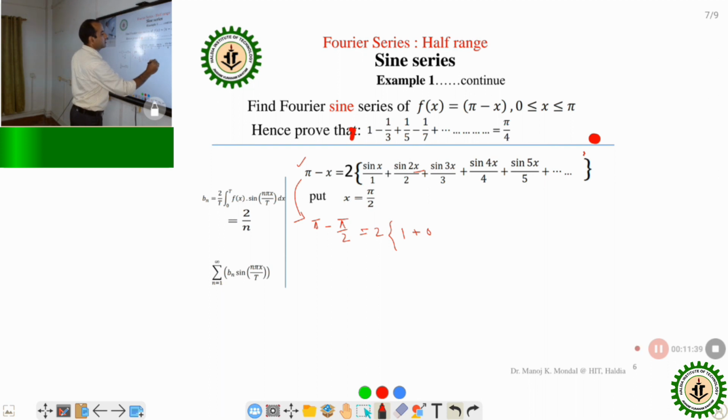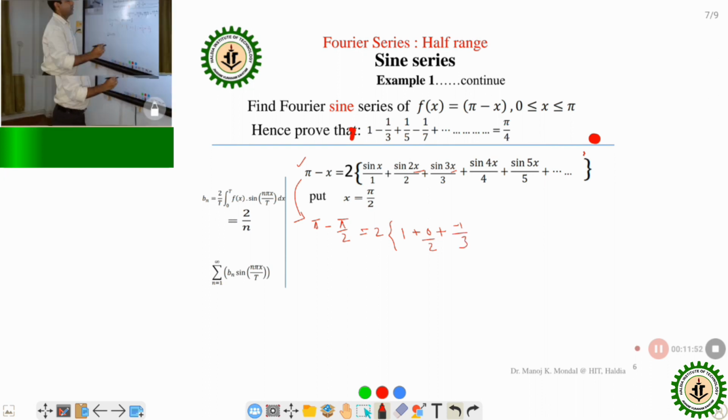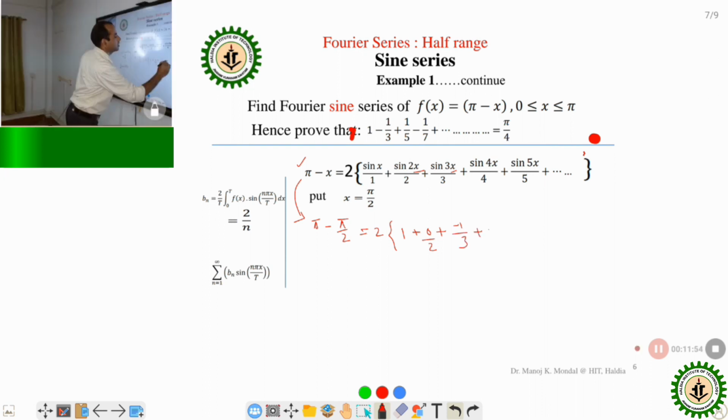And next, plus sine 3 pi by 2, that means minus 1, divided by 3, and next it is 0, and again plus 1 by 5 and minus 1, in this way.